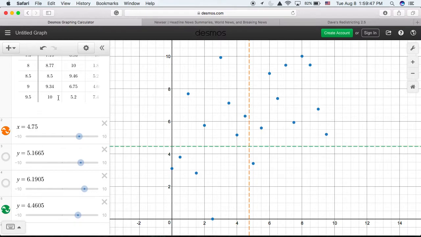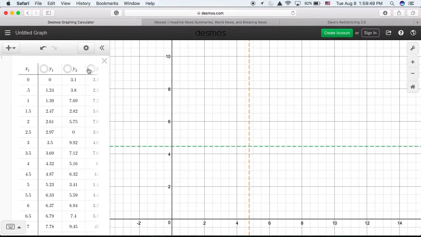Then the third one, we see plenty in the first or third quadrant, 4 points there, and none of them are really close to the line. Looks like we have 4 in the fourth quadrant, with the one being close to the line to being in the third quadrant, but the others are a pretty good distance away.